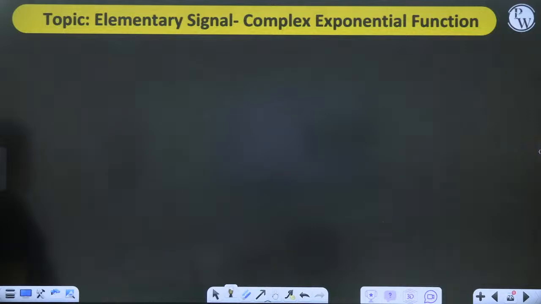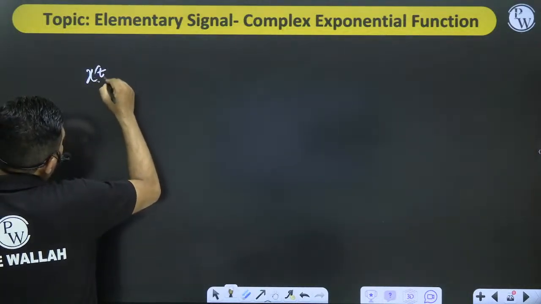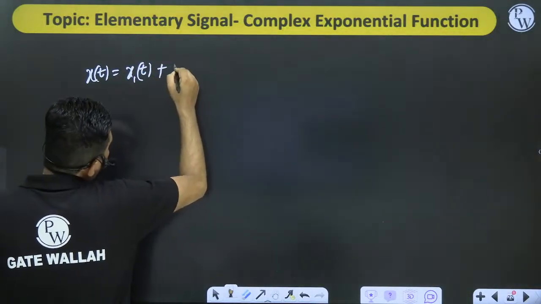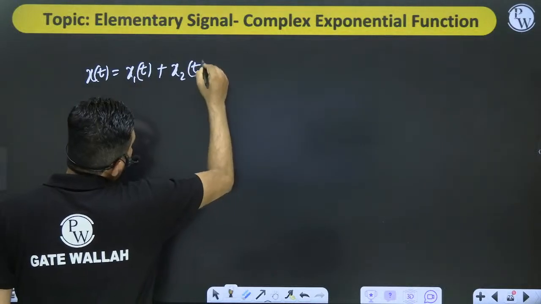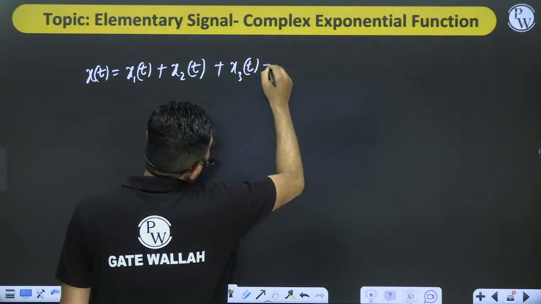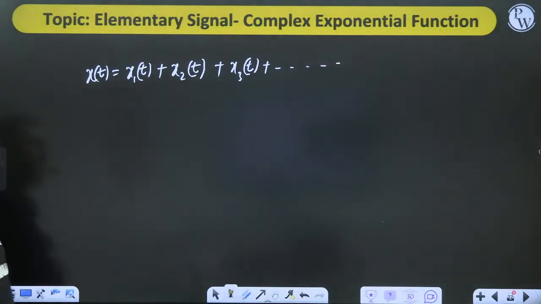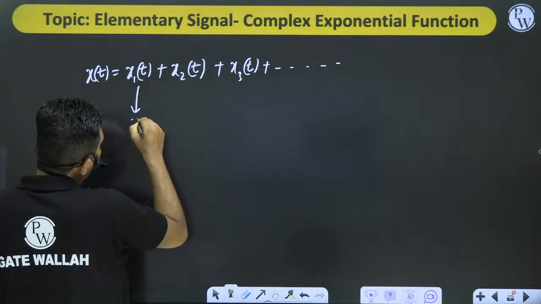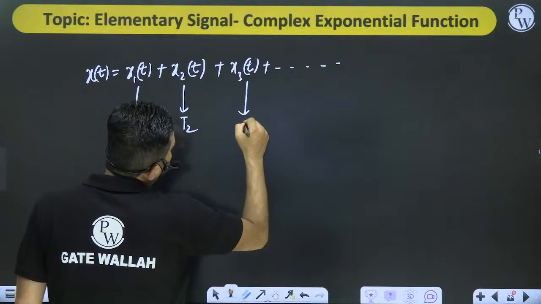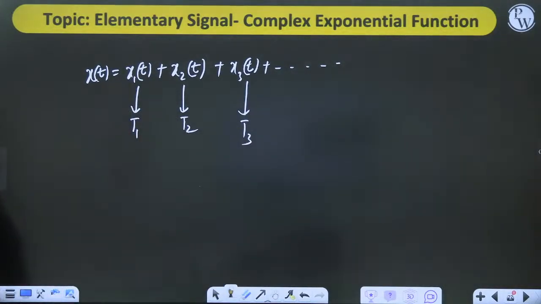Now let's consider, suppose I have x of t, which is a combination of x1 t plus x2 t plus x3 t and so on and so forth. And each is periodic with a period of T1, let's say T2, let's say T3, and so on.